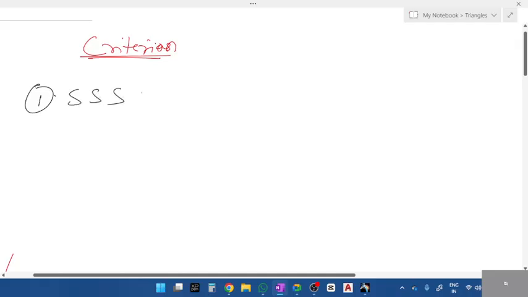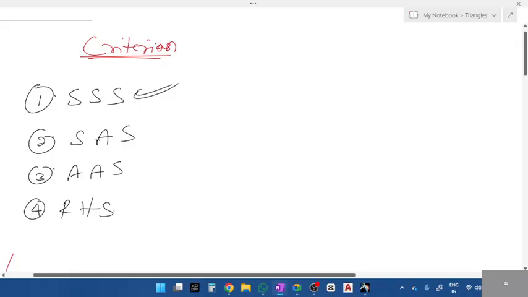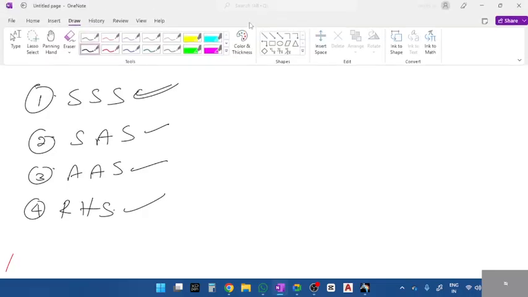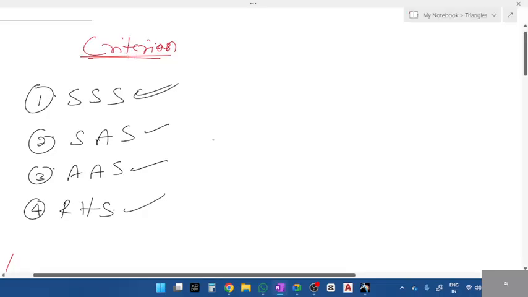Side, side, side, we finished. Next is what? Side angle side. Third one, angle, angle side. Fourth is RHS. And there is no specific order, students. You can start checking in any way.